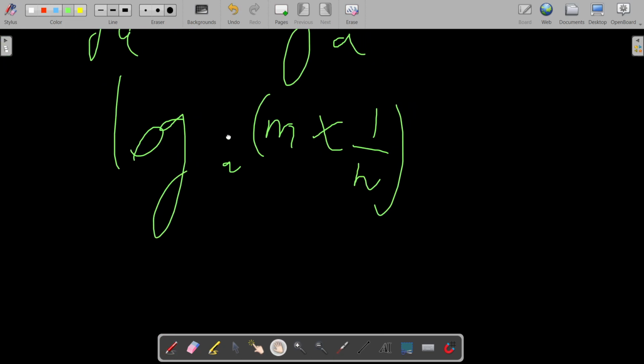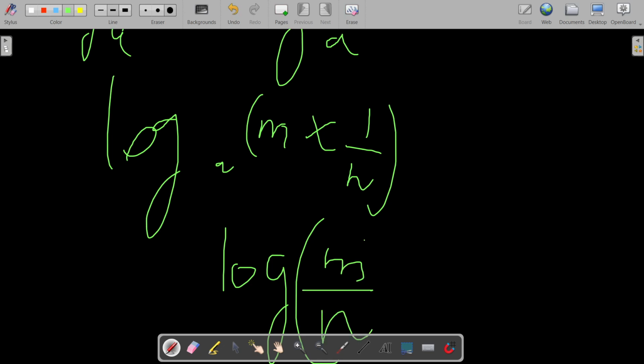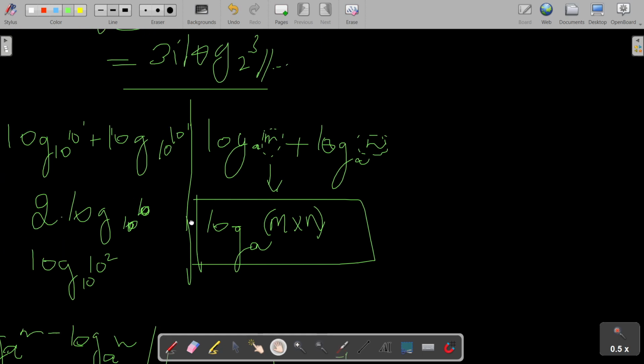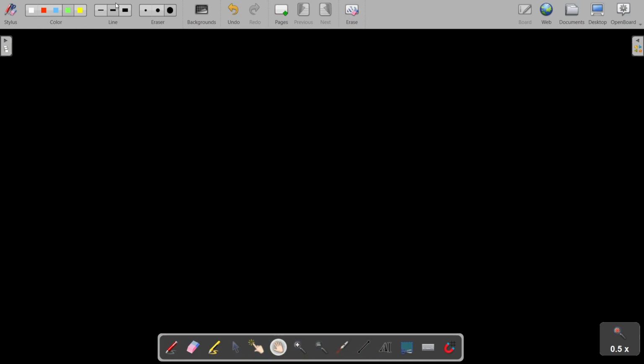So yeah, this has become log m over n. So this is a property. Log m plus log n is equal to log m into n. Log m minus log n is equal to log m by n.